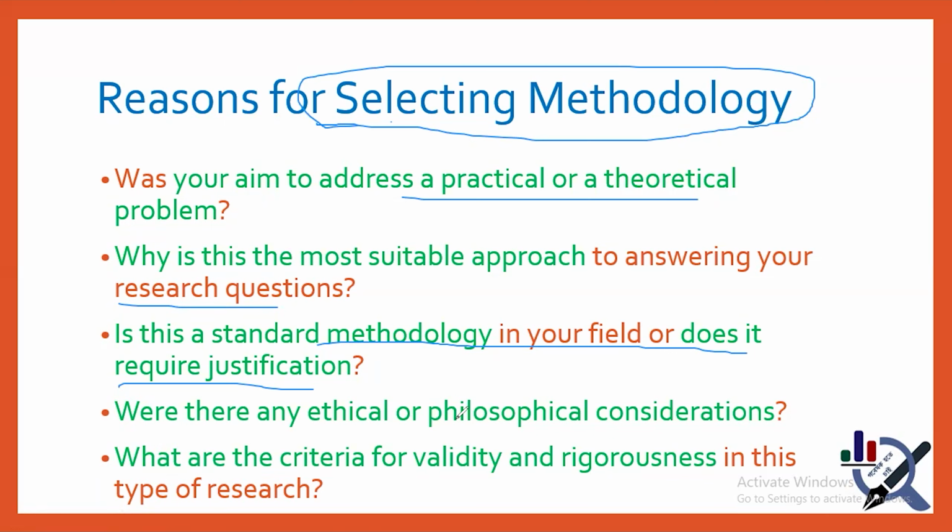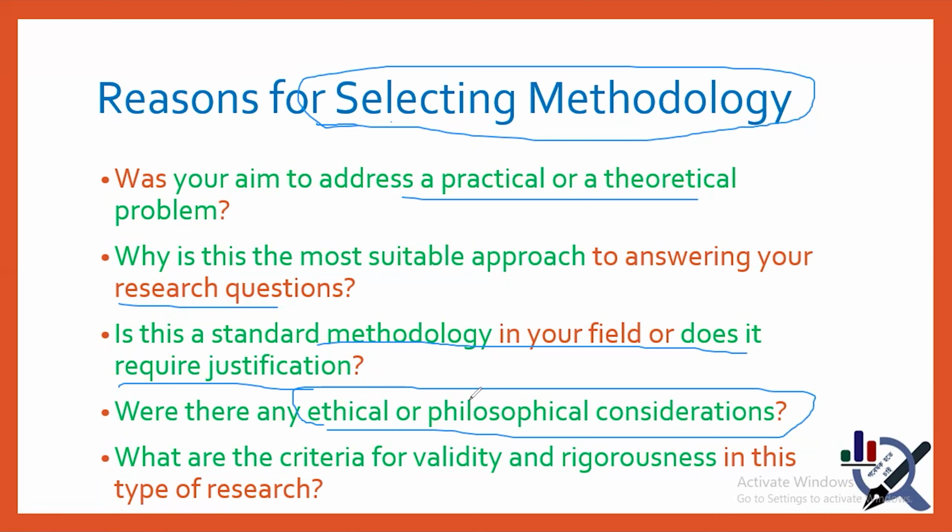Were there any ethical or philosophical considerations in your research? Is there any philosophical or ethical consideration? Because you cannot do all kinds of surveys or any kind of experiment where there is an involvement of humans or wildlife. Okay, so you cannot apply anything on humans.